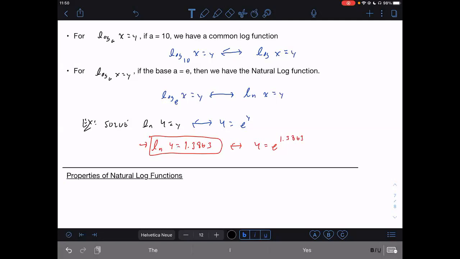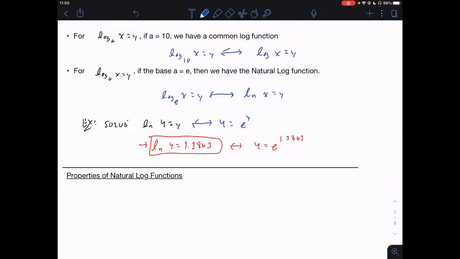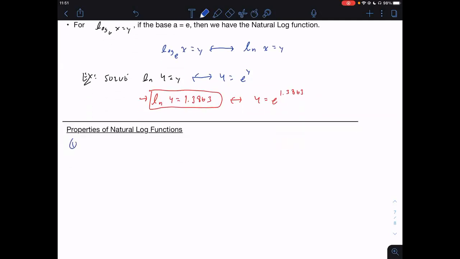Okay, so first property here. The natural log of 1, again, some algebra review here. The natural log of 1 is equal to, again, before we answer that question, what are we asking here?